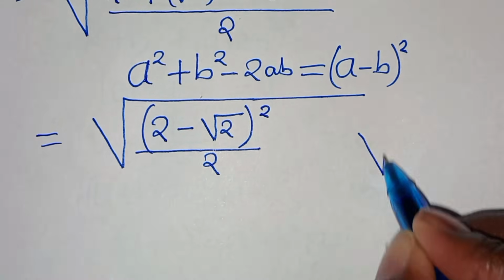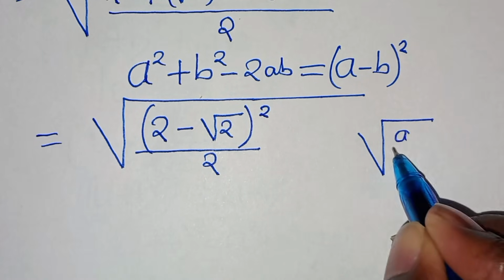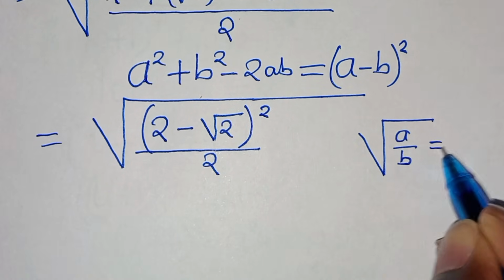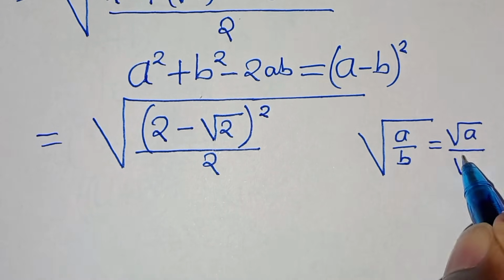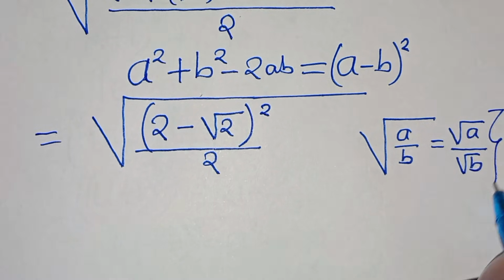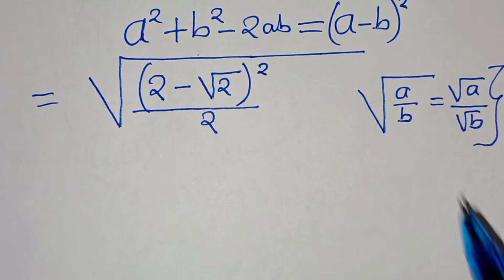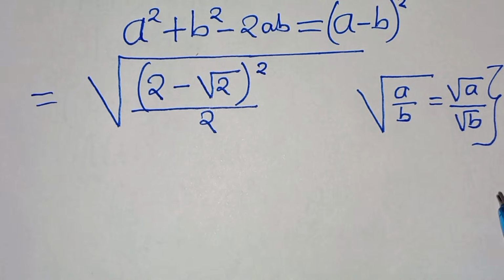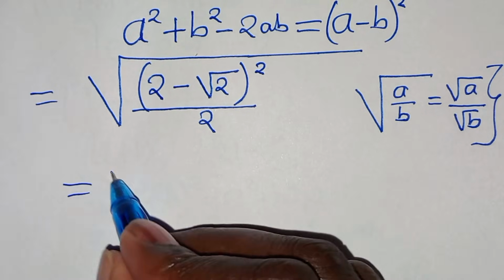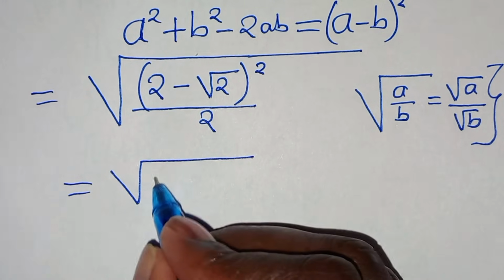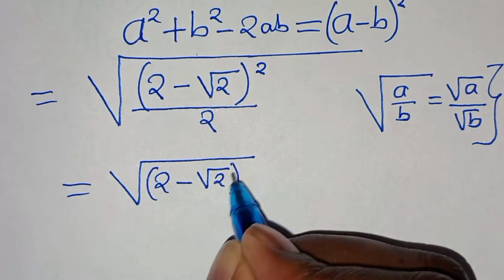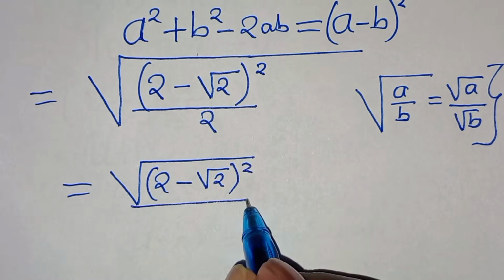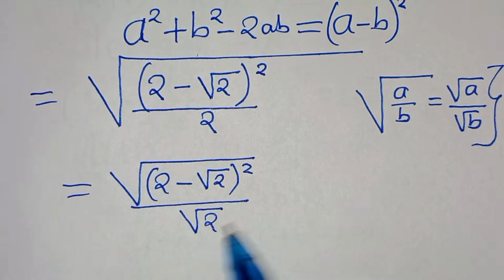This is in the form of the square root of a over b, which we can express as the square root of a divided by the square root of b. Now, applying this property, we have the square root of 2 minus the square root of 2 raised to the power of 2, then divided by the square root of 2.